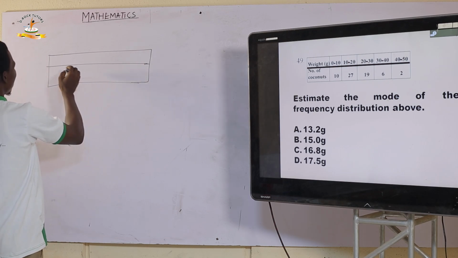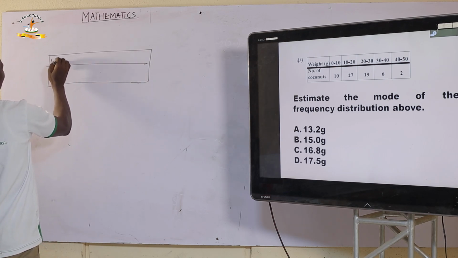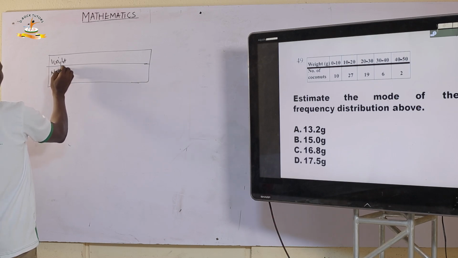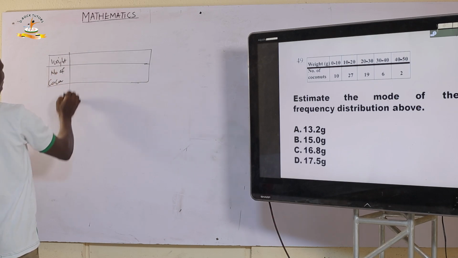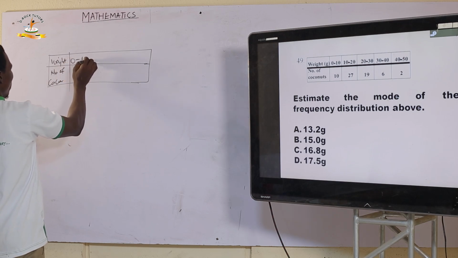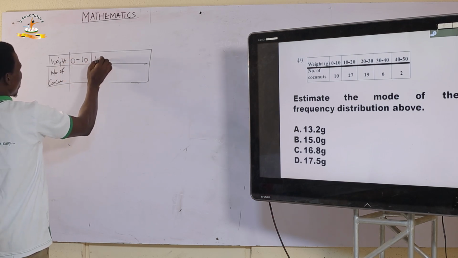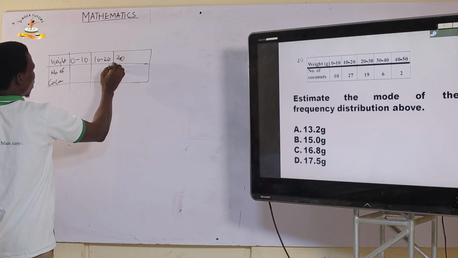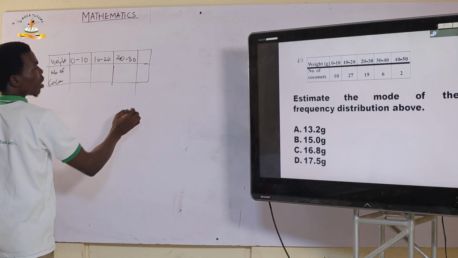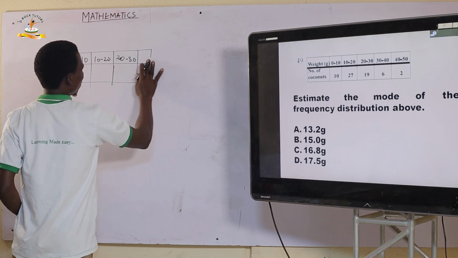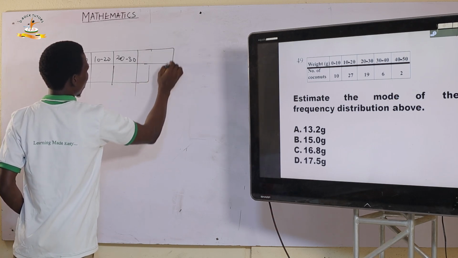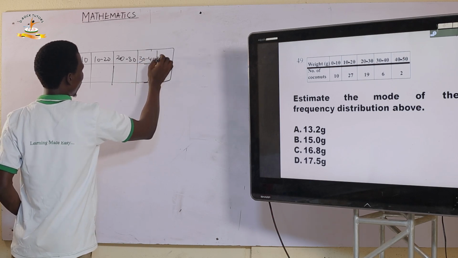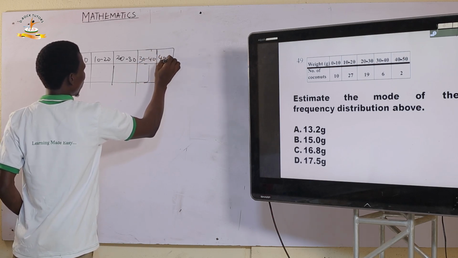So we have the weights, and we have the number of coconuts, and here we have from 0 to 10, from 10 to 20, from 20 to 30, from 30 to 40, and from 40 to 50.